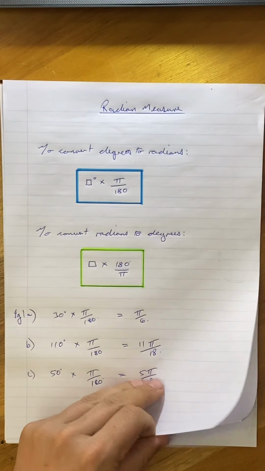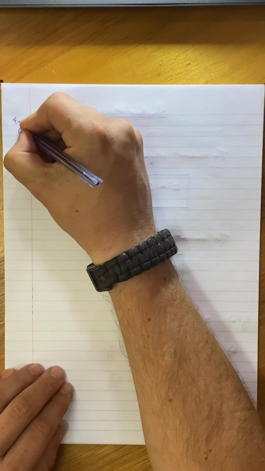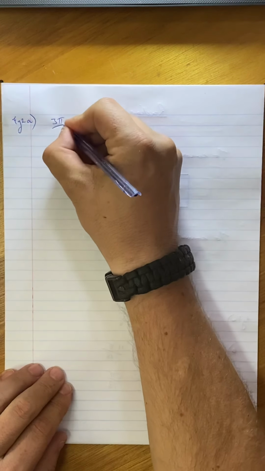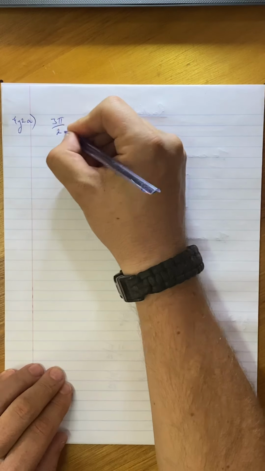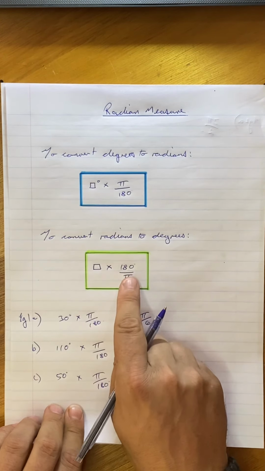So the next example, example 2, is where we're going to convert radians to degrees. So for example 2a, we want to convert 3 pi by 2 radians into degrees. You remember over here, we take whatever our radians is and multiply that by 180 over pi.